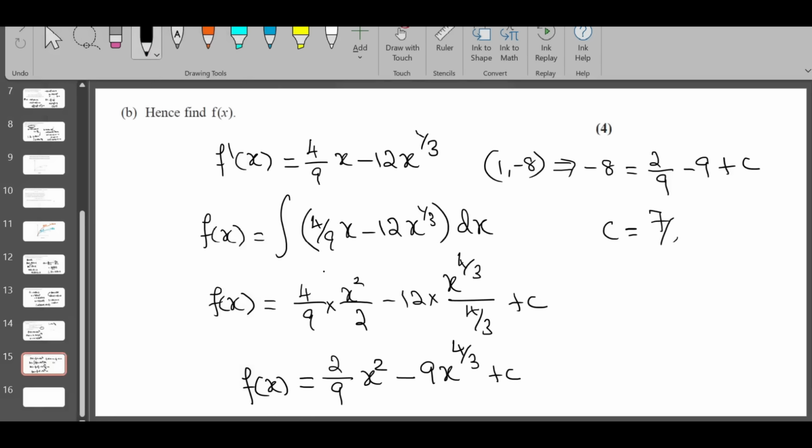You get 7 over 9. Don't stop right here, you need to write f of x now. Therefore f of x is equal to 2 over 9x square minus 9x power 4 over 3 plus 7 over 9. That's all. It's a 4-mark question.